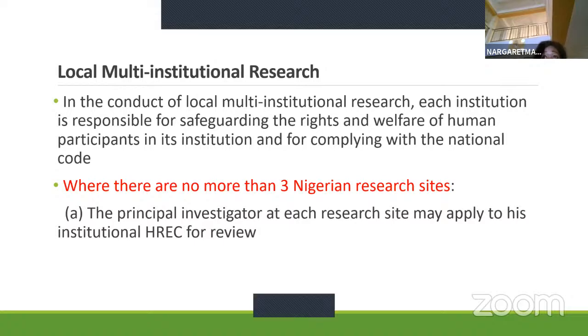What are we saying here? Each institutional health research ethics committee can review protocols, different phases of the clinical trials, provided it is so categorized in its registration with the National Health Research Ethics Committee.